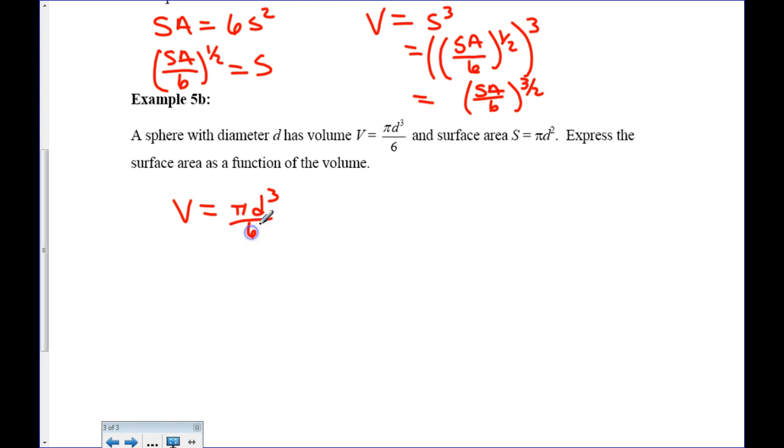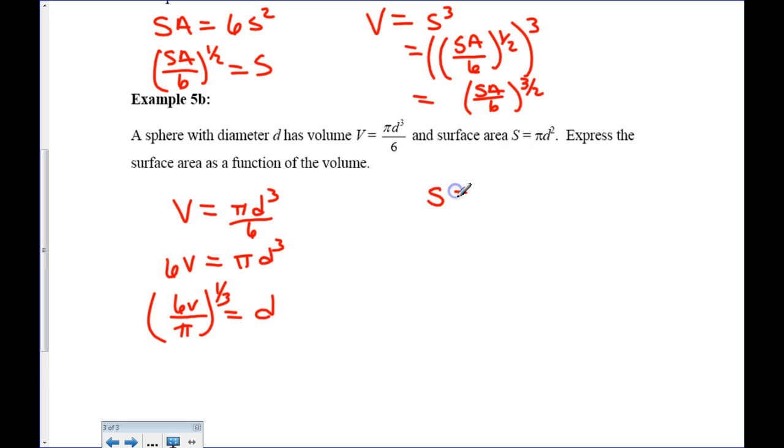Okay, yep, times 6 for both sides. So then we have 6V equals pi d to the third. Now what? Divide it by pi. Yep, to 1/3. Okay, now I'm just going to replace the d in this one.